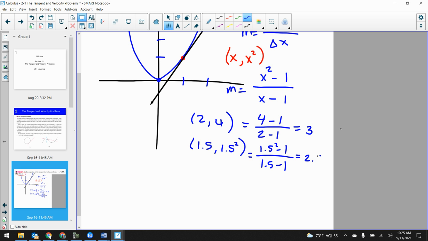So my slope here is 2.5. But is that the exact slope that I want? Not necessarily, because I've still got some error in there, right? I want to get it onto that line. This is still too steep of a slope. I need it to be shallower. So maybe we should pick, I don't know, 1.1.